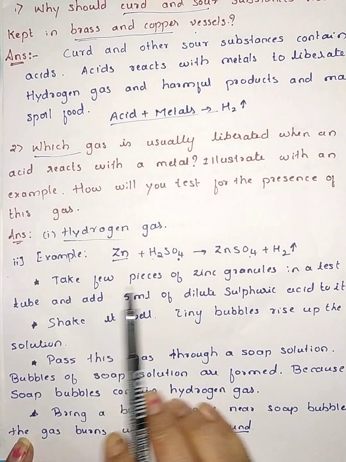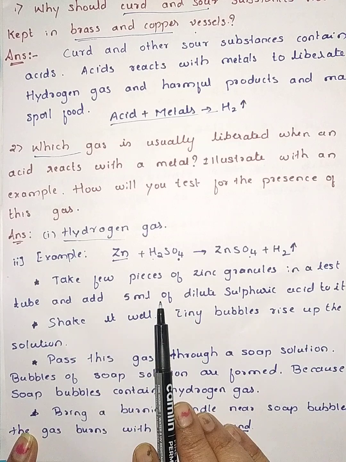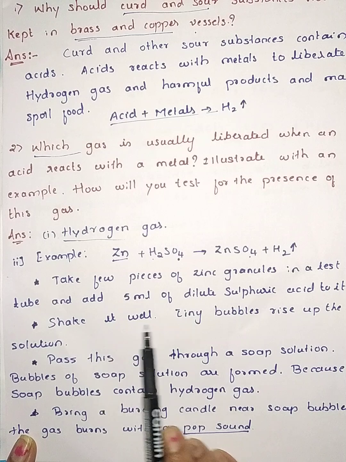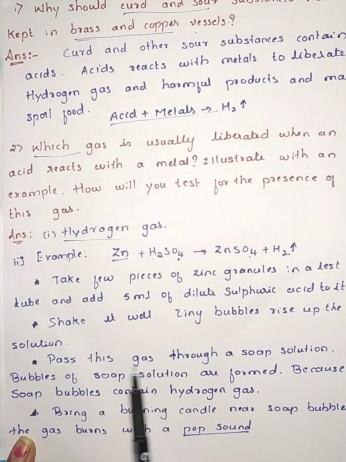Answer: take a few pieces of zinc granules in a test tube and add 5 ml of dilute sulfuric acid to it. Shake it well and tiny bubbles rise up in the solution. Pass this gas through a soap solution, and bubbles are formed because the soap bubbles contain hydrogen gas.